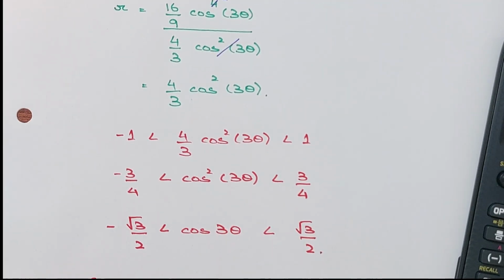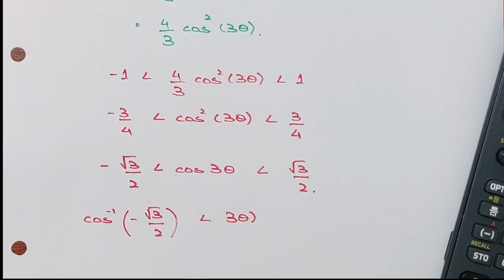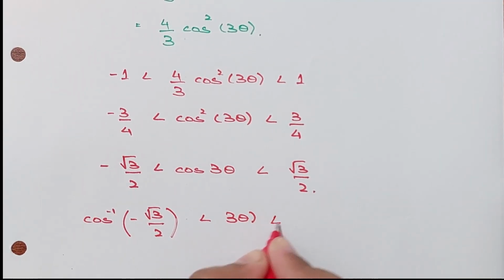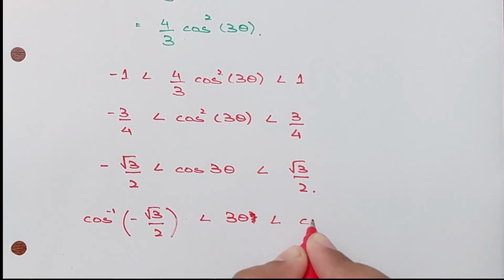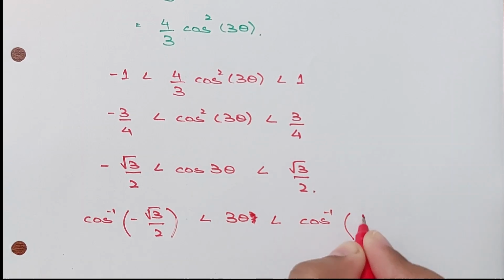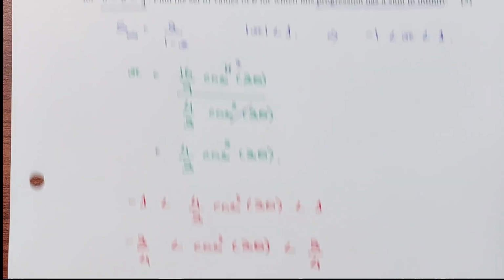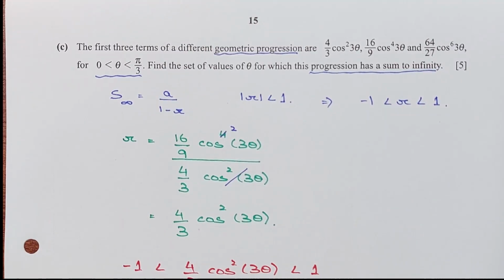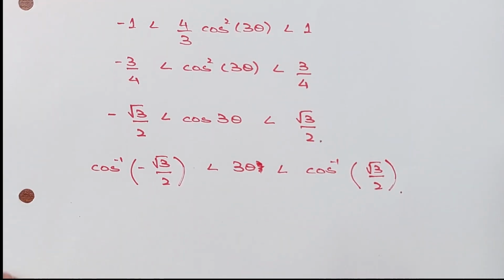Now we have to do cos inverse of negative square root of 3 by 2 is less than 3 theta is less than cos inverse of square root of 3 by 2. The range we have been given is in radians, it's pi, so we have to solve in radians.